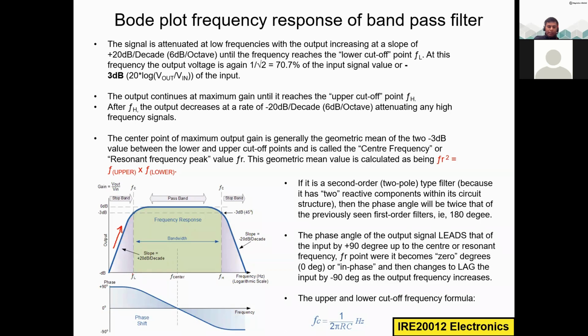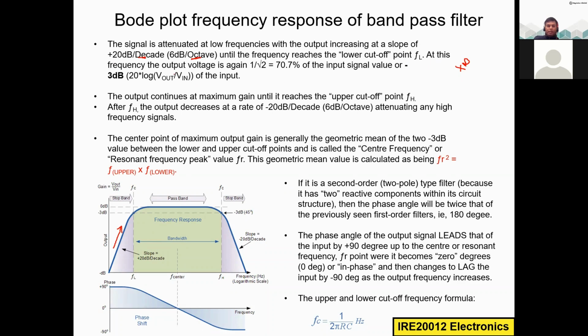Until it reaches this point, it's just rising linearly at plus 20 dB per decade. Remember we have decade and octave, where everything is multiplied by 10. When we see the Bode plot, we will see the detail of decade and octave, but right now just remember this. It is rising at plus 20 dB per decade.